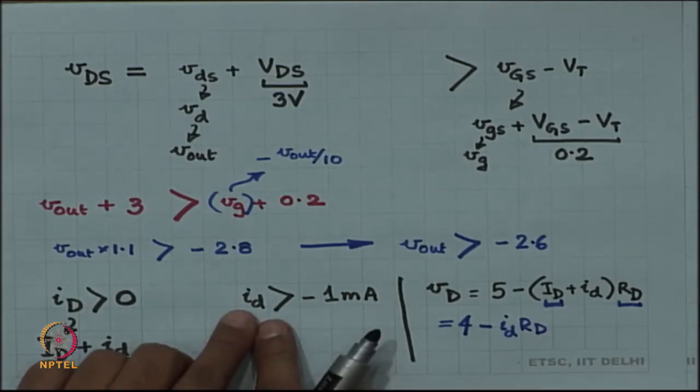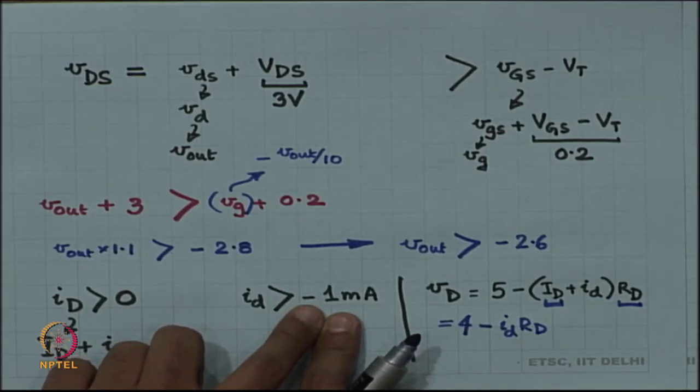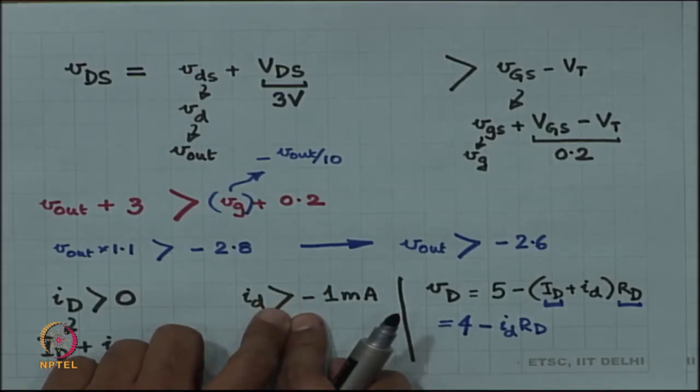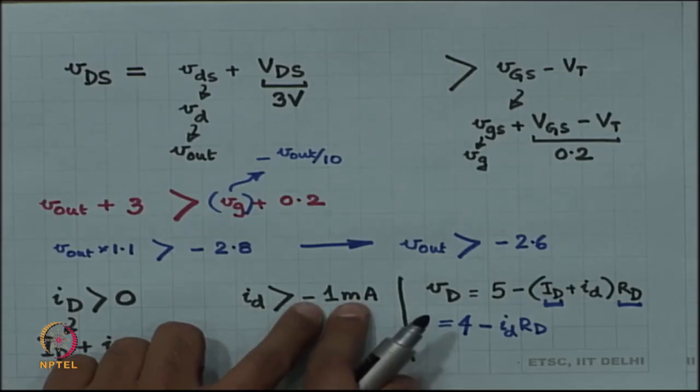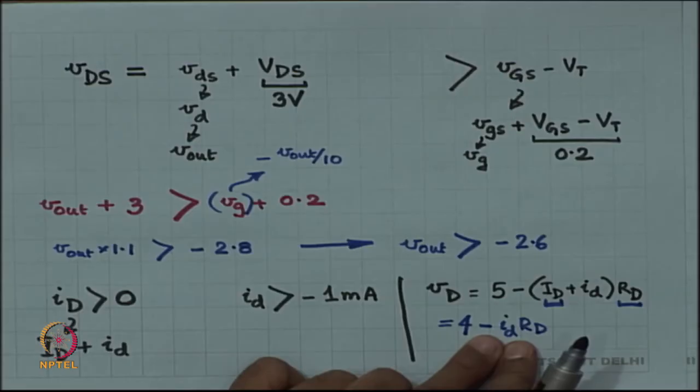And small I d has a limit that it has to be more than minus 1 milliampere. So, what does that mean? The minimum value of small I d is minus 1 milliampere. So, the smallest value of small I d is minus 1 milliampere.